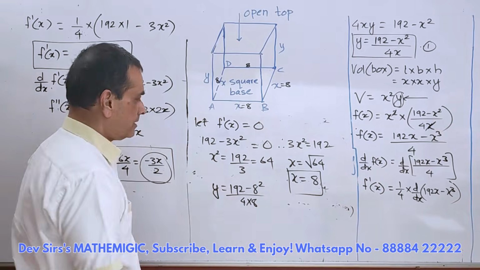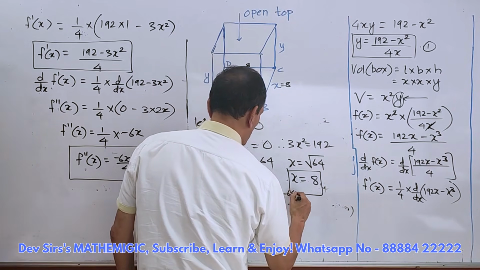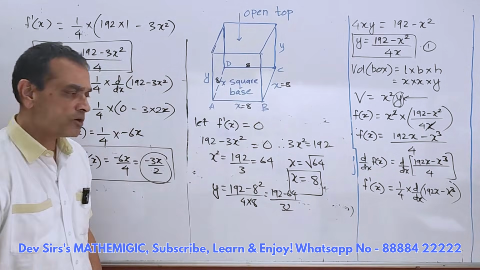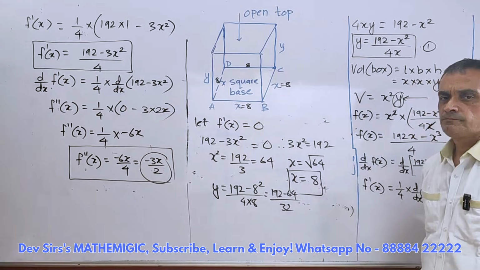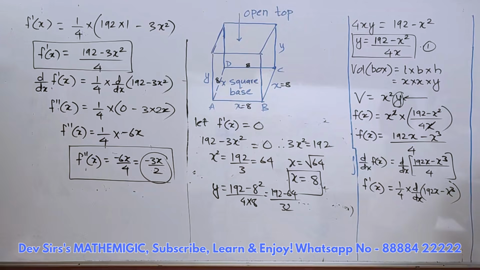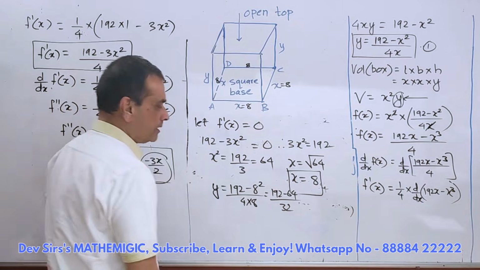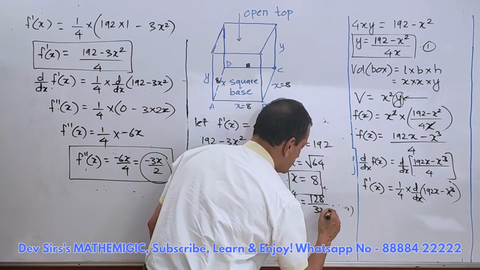Calculate. 192 minus 64 upon 32. 192 minus 64 is how much? You get 128 upon 32.